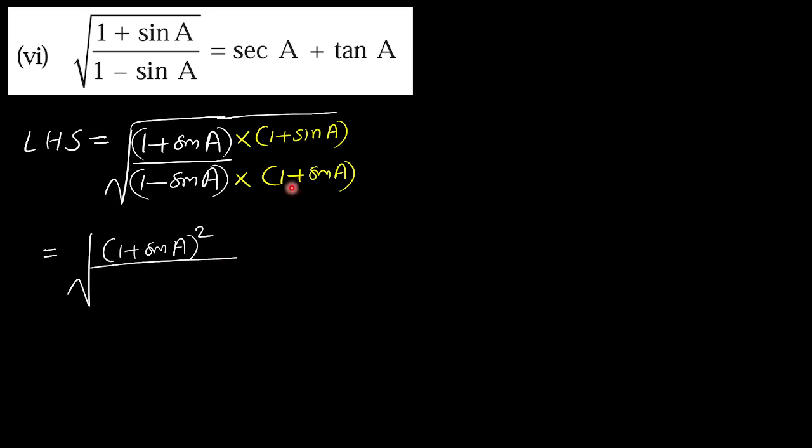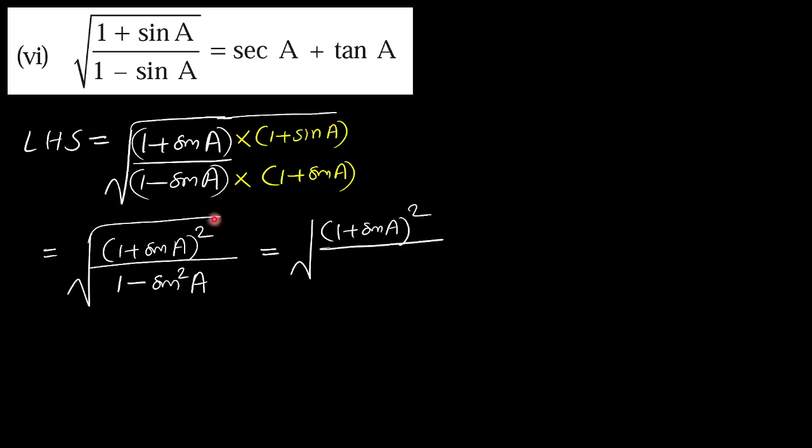In the denominator, (A plus B)(A minus B) will be A square minus B square, so 1 square minus sin square A. What is this? 1 minus sin square is cos square A. Not a difficult question, but remember the first step.